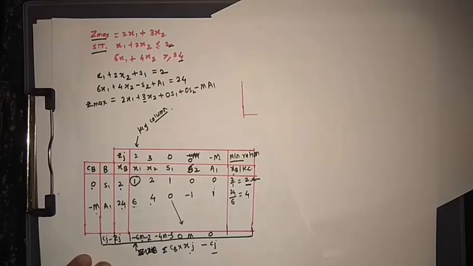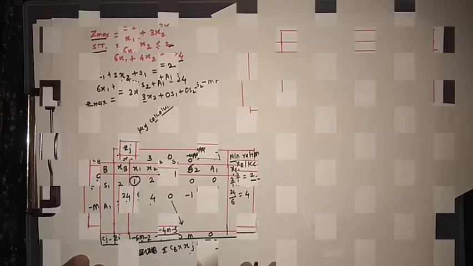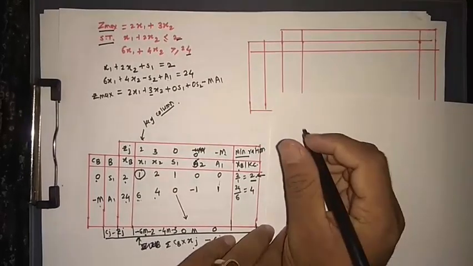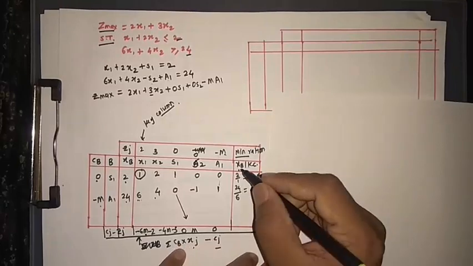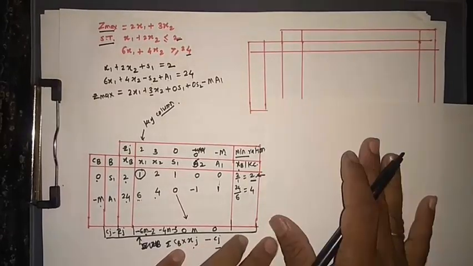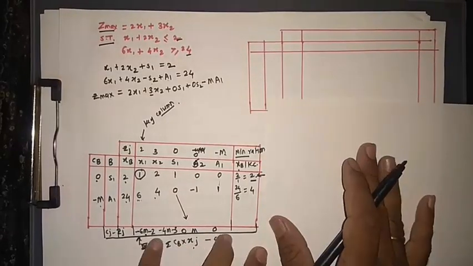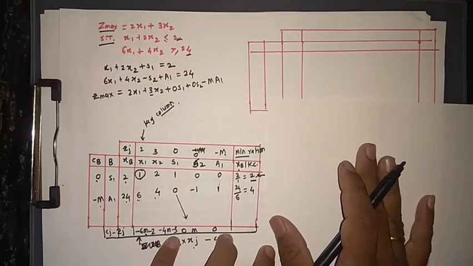If we find that all the values are positive or 0, then we stop for the maximization problem. But here we don't get that, so we go for the second iteration.